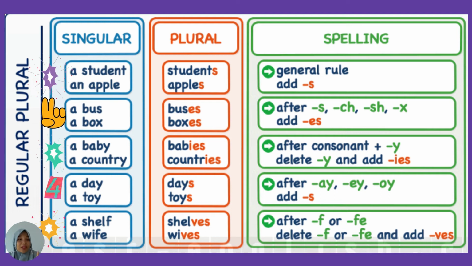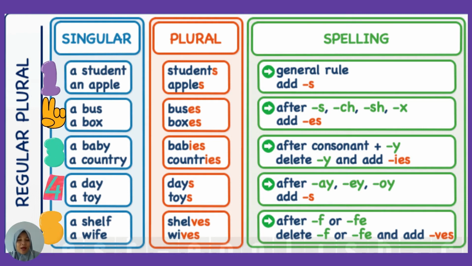So, the second rule is when you find the word that ending with s, ch, sh, or x, you can add with es. Like bus and box, we need to write down buses and boxes. So add with es.